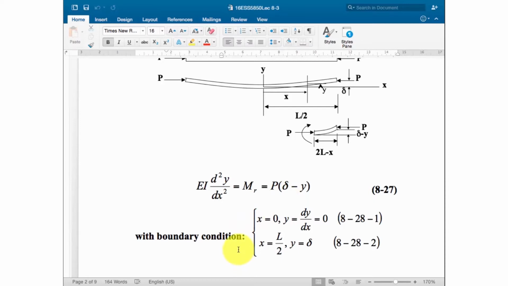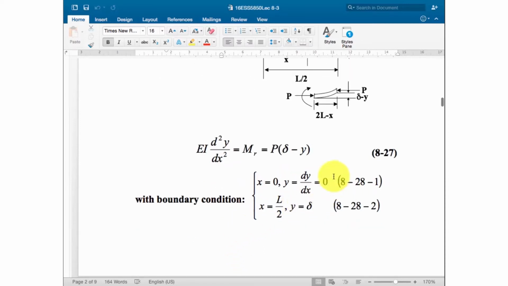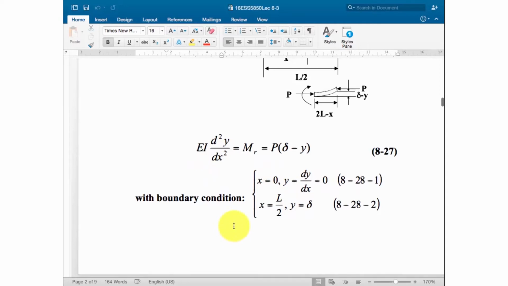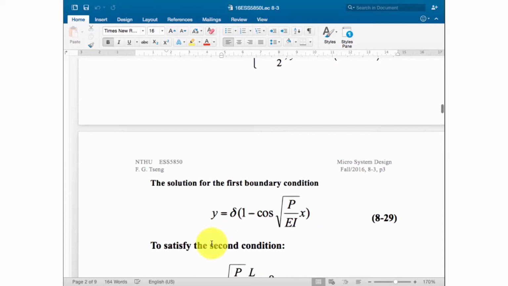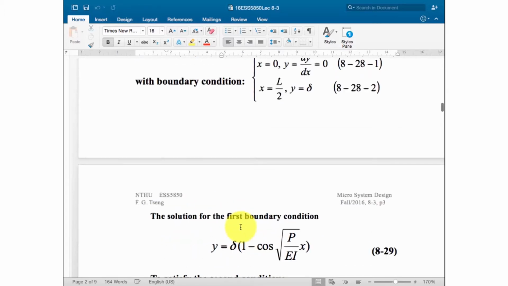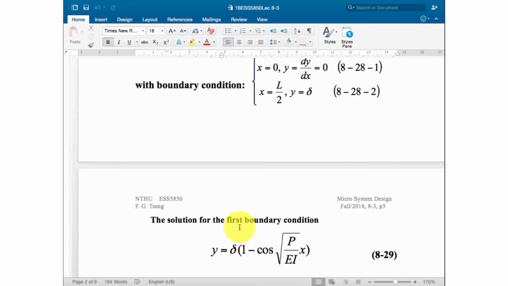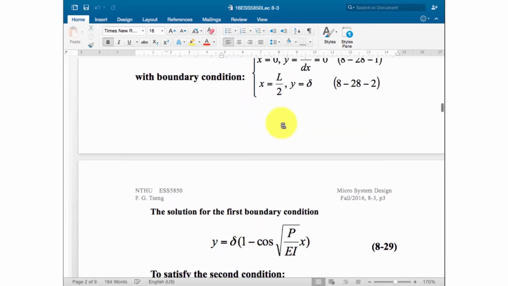Now we plug the first boundary condition into this one, and find this equation here. With the first boundary condition, the equation is partially solved, and we plug in the second boundary condition, x equal to 1/2 L and y equal to delta.